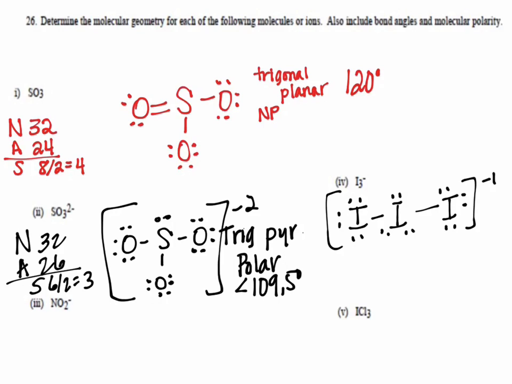There's 6 areas, wait, 5. 1, 2, 3, 5. It's trigonal bipyramidal, so it's linear within the trigonal bipyramidal. It's nonpolar, and the angle is 180.